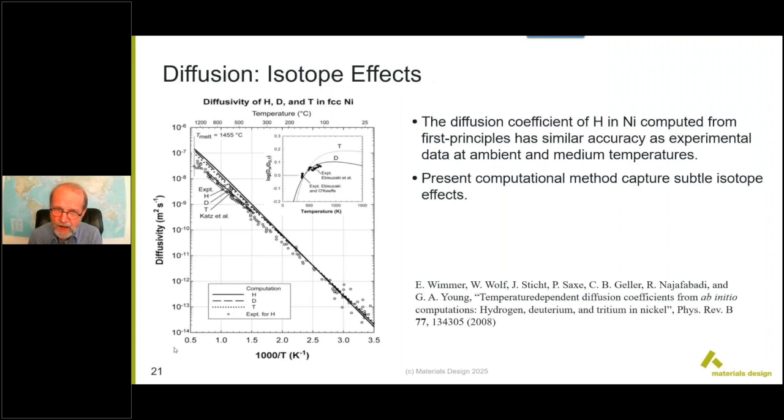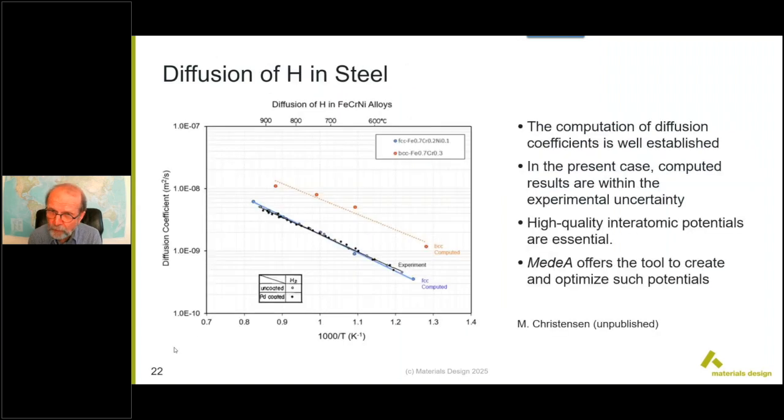Those subtle effects are properly and quantitatively accounted for. So we really have a very, very powerful tool at hand to predict diffusion coefficients, not only in tungsten or nickel, but also in steel.